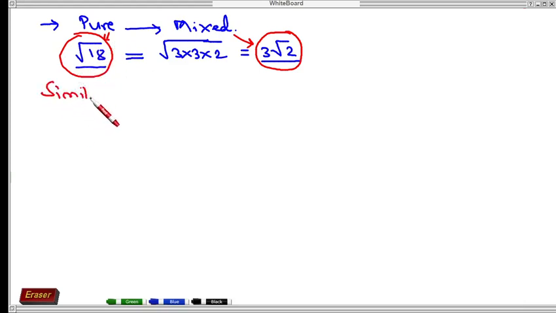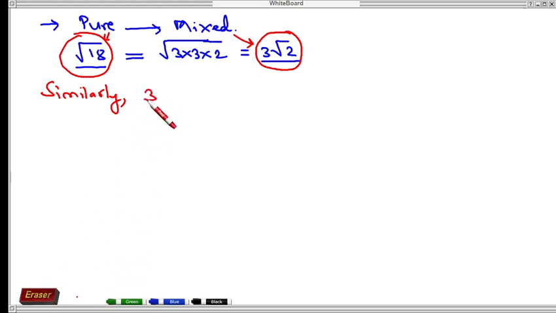Similarly, dear students, let's take another example, 2 root 3.